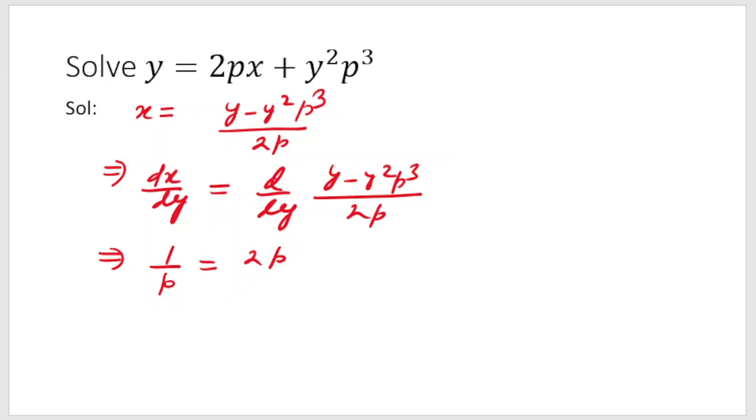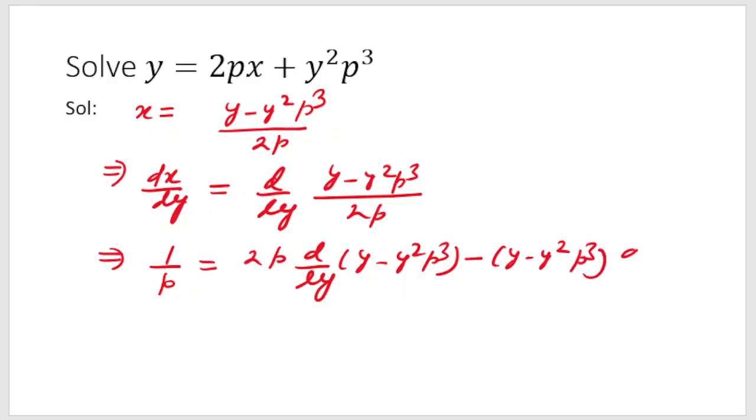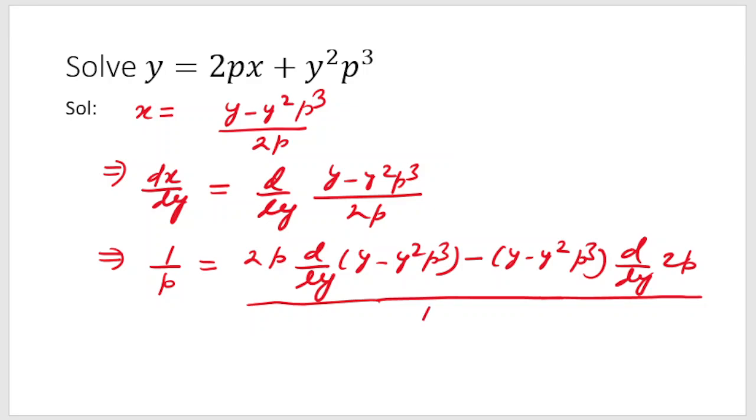Here I write 2p d by dy of (y minus y square p cube) minus (y square p cube) d by dy of 2p, and the whole thing we have to divide by 4p square. I have used the u by v formula. I hope you understand, right?